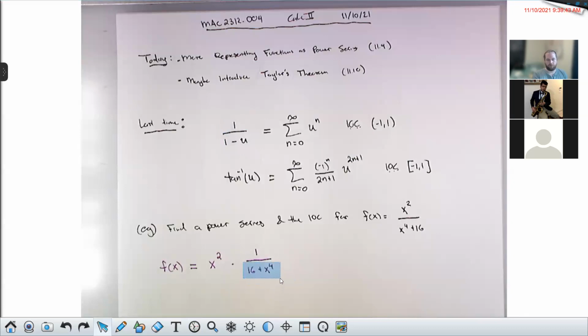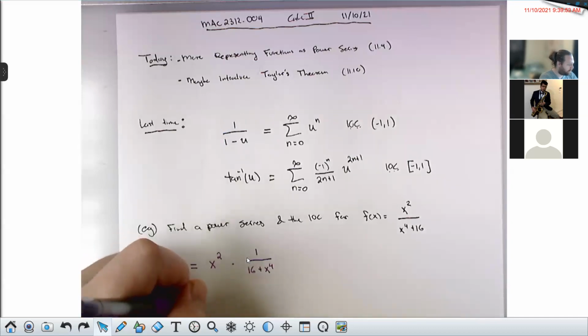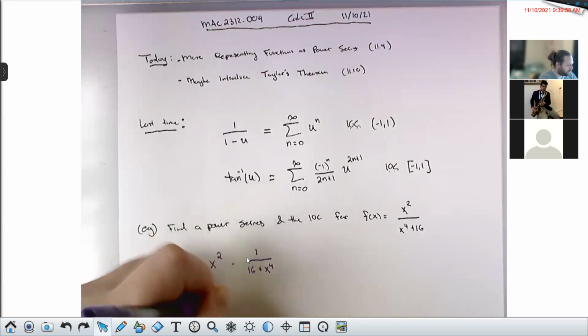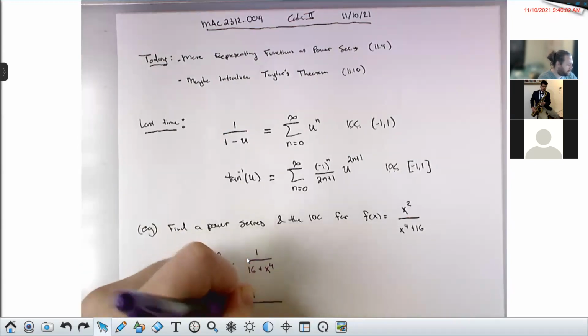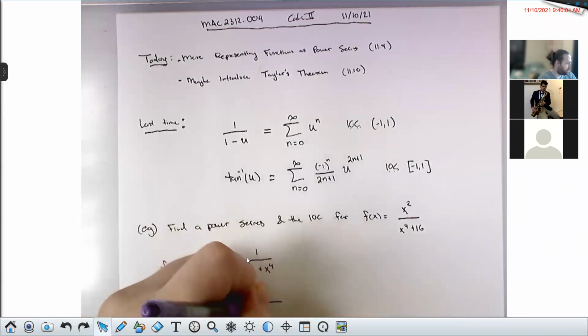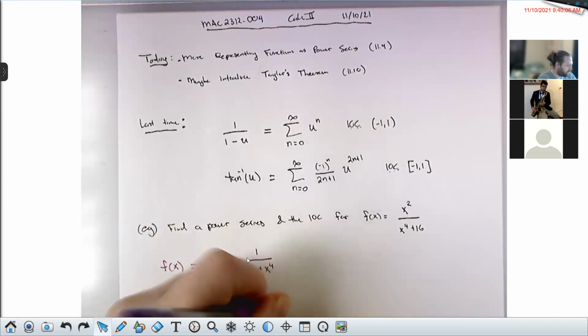So maybe say, instead of saying no, just a little more clarity. Yeah, Alex's suggestion is nice. Let's factor a 16 out from that denominator. Call it force factoring. So this would be x squared times 1 over 16 times 1 plus x to the 4 over 16.